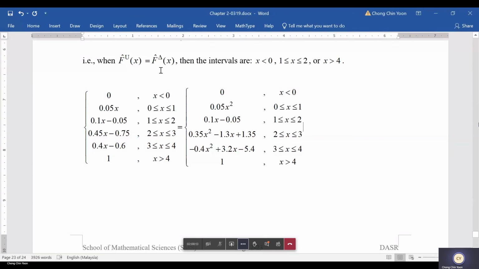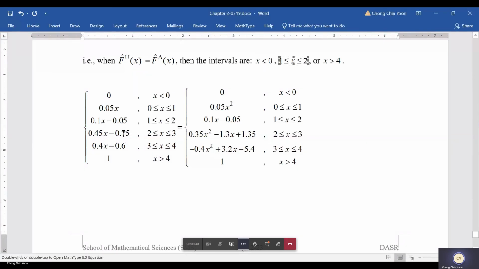If these two results are equal, which intervals give equal results? You can see the first interval, where 0 equals 0, so we have this answer, x less than 0. The second, no. The third, yes, for the third line it is equal, so 1 to 2 is also a result.